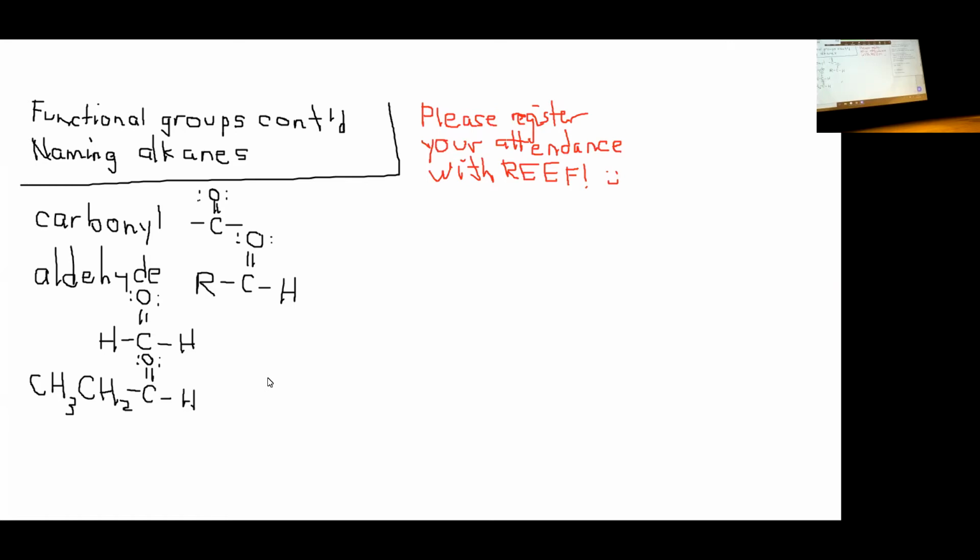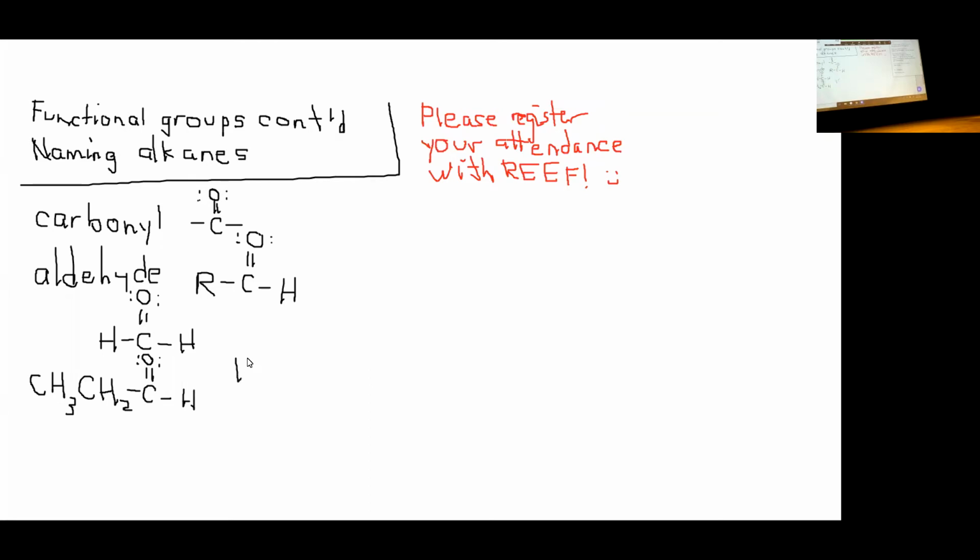You can call that compound butanal if you want to, or don't. We're only going to name alkanes for now. We'll learn a little bit more about nomenclature later. I just mentioned it in case anyone's curious, all of these things have names. Wait, oh, I lied, propanal. Sorry, it's 3 carbons, right? So that would also be an aldehyde.